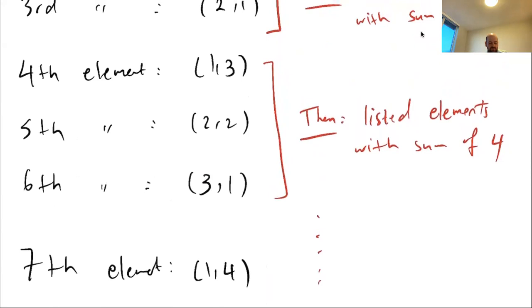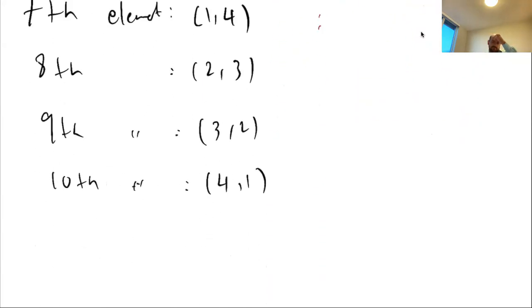So these have sum of 5, and so on. This way we are listing every element of N cross N, because every element of N cross N is a pair, and therefore the sum of those two numbers is some number. For example, it could be 51. Then it would be somewhere in this list, right?